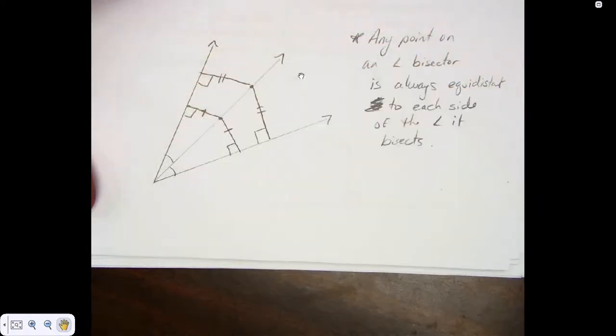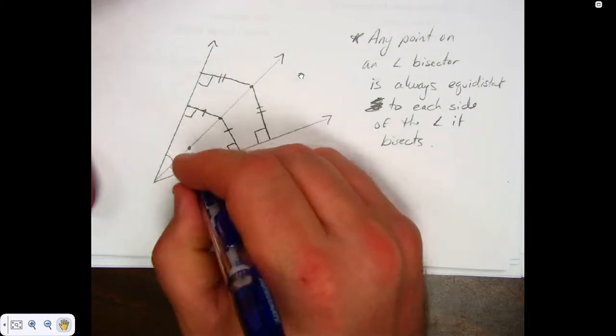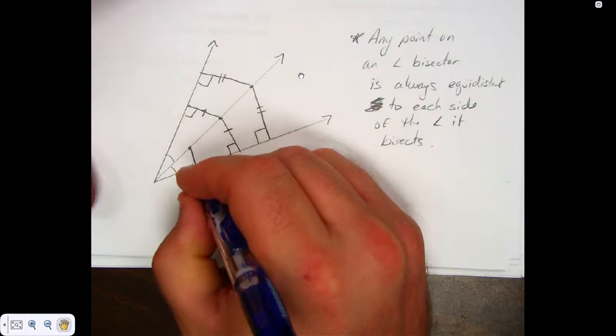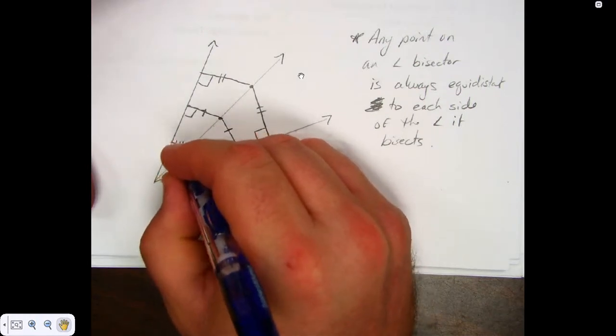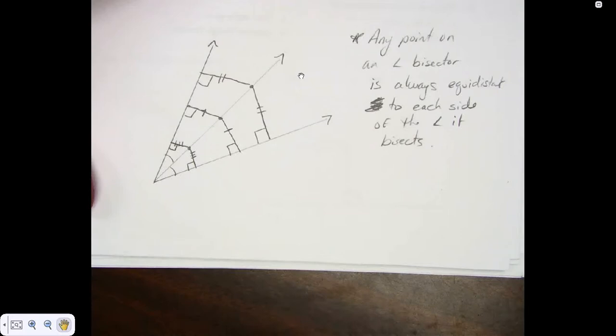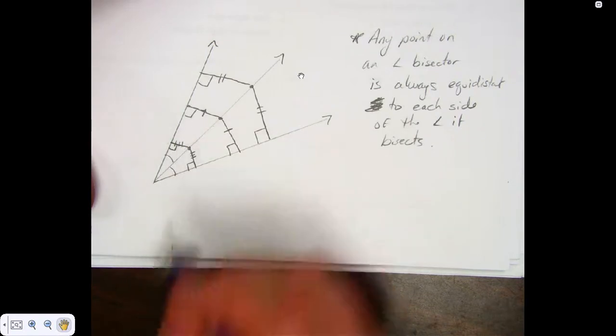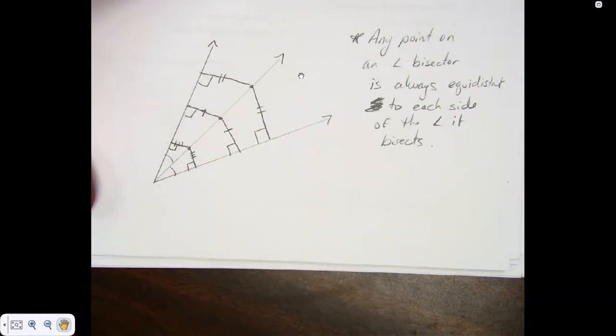And I didn't draw that perfectly, so I'm sure I'm a little off, but you see the point I'm making? Anywhere along this bisector, this distance is going to be the same as this distance. Okay? Does everybody understand that?